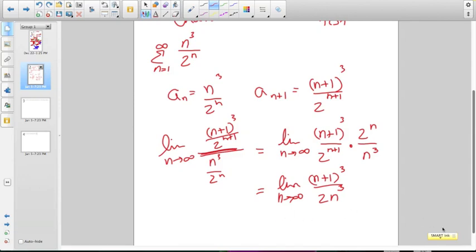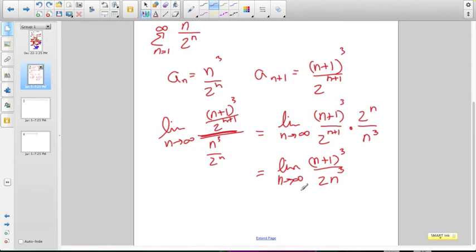Looking at that, you could do L'Hopital's, or you could FOIL that out. I'll go ahead and do L'Hopital's here.